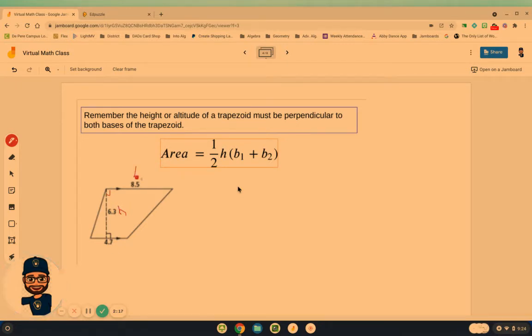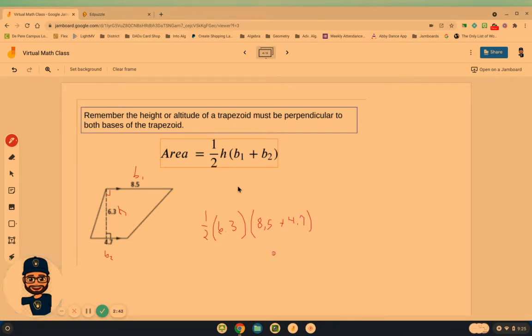And we'll just label the top one as base 1 and the bottom one as base 2. And really, we're just going to plug them into this formula and then follow the order of operations. 1/2 times our height, which is 6.3, times base 1, which is 8.5, plus base 2, which is 4.7.